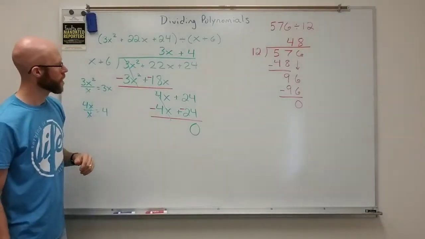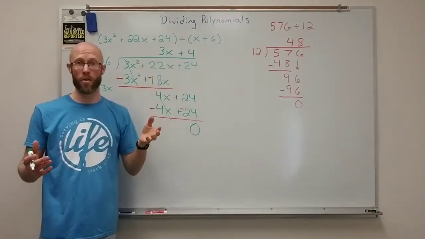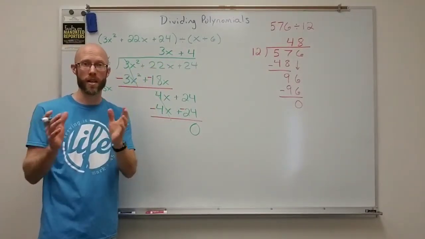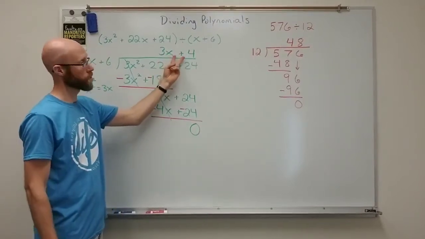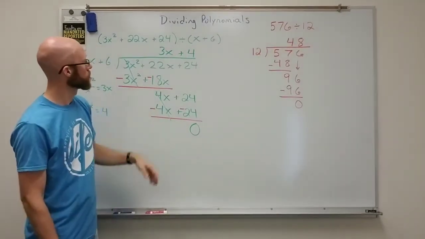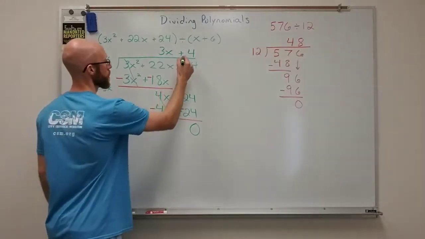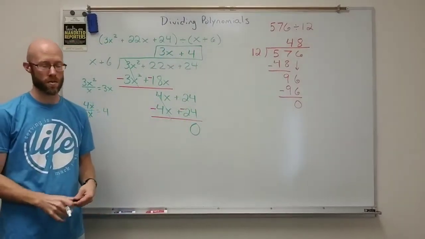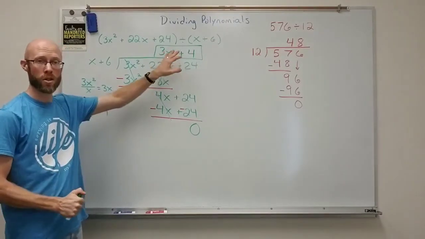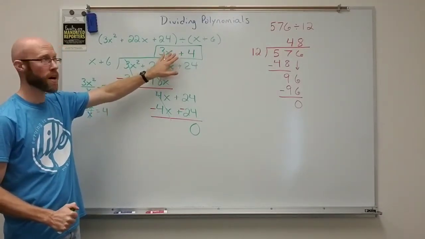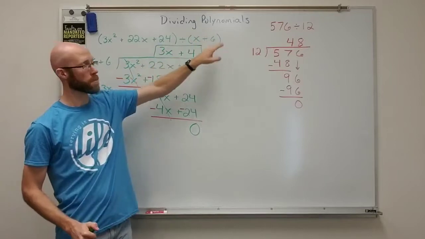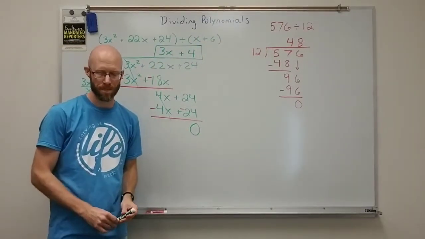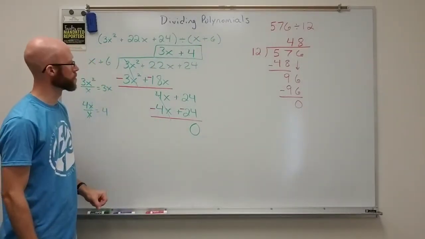So that worked, and in fact, the thing that we're multiplying the x plus 6 by is 3x plus 4. So the answer here is 3x plus 4. That's the final answer because that is the quotient when you divide our trinomial by x plus 6. We'll do a couple more examples.